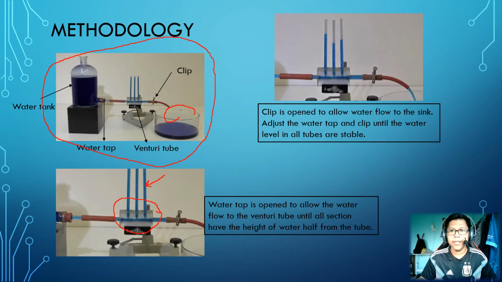Second, the clip is opened to allow water to flow into the sink. And we need to adjust the water tap here and also the clip here until the water level in the tubes is all stable. Finally, we observe the water level in each tube.